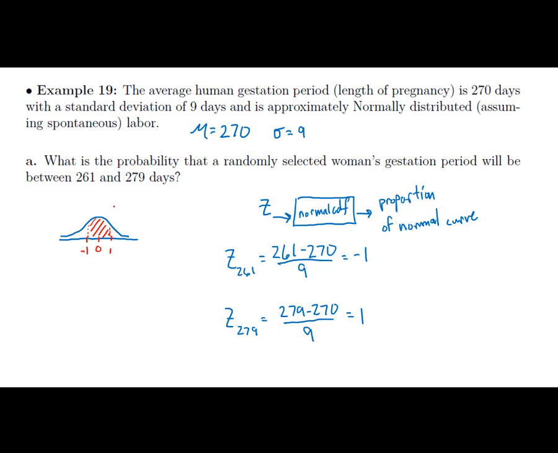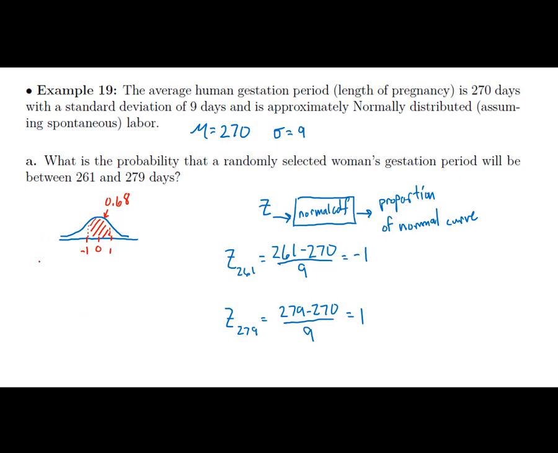Now if you remember our 68, 95, 99.7 rule, you can probably answer this right away. Between -1 and 1 in terms of z-scores, you always get exactly 68% of your data. So really that is the answer.